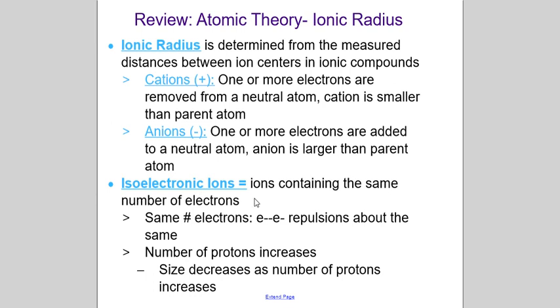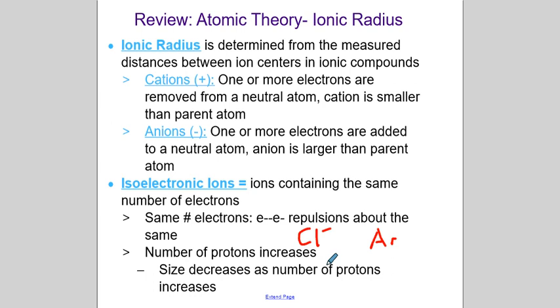Isoelectronic atoms or ions are ions that contain the same number of electrons. So if you have two different ions that have the same number of electrons, whichever has the higher number of protons is going to be smaller and hold on to its electrons better. So I think in the summative, the examples that I gave you were Cl minus and Ar. So chlorine normally has 17 electrons.